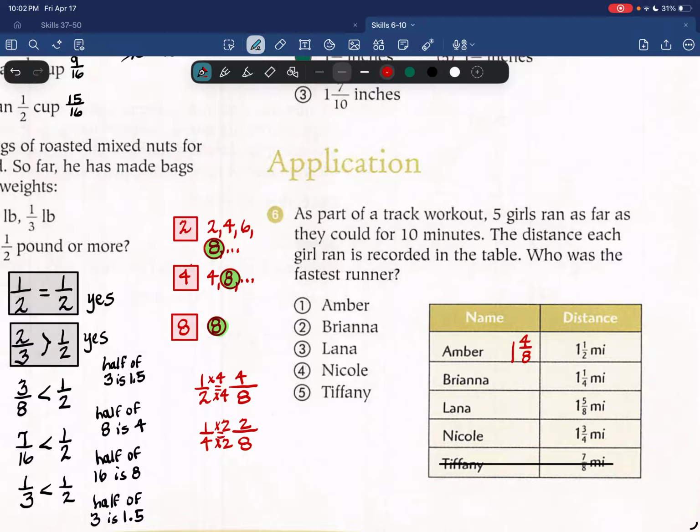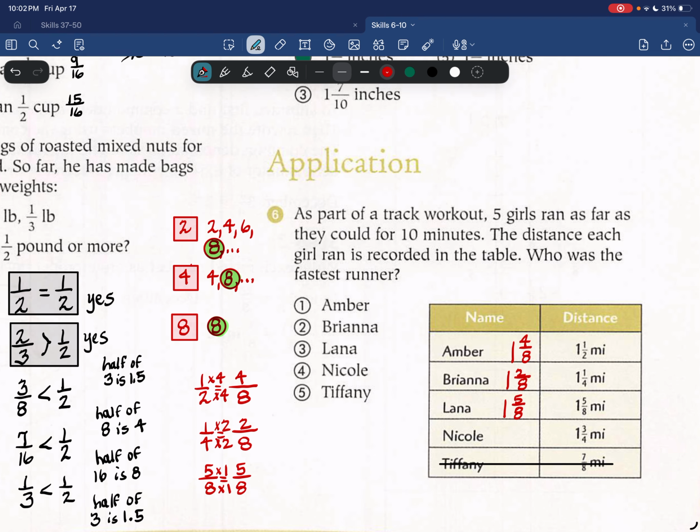And that is 2/8. So Brianna was 1 2/8. Then we have a 5/8, which is going to be 8 times 1 and then 5 times 1. So Lana was 1 5/8.